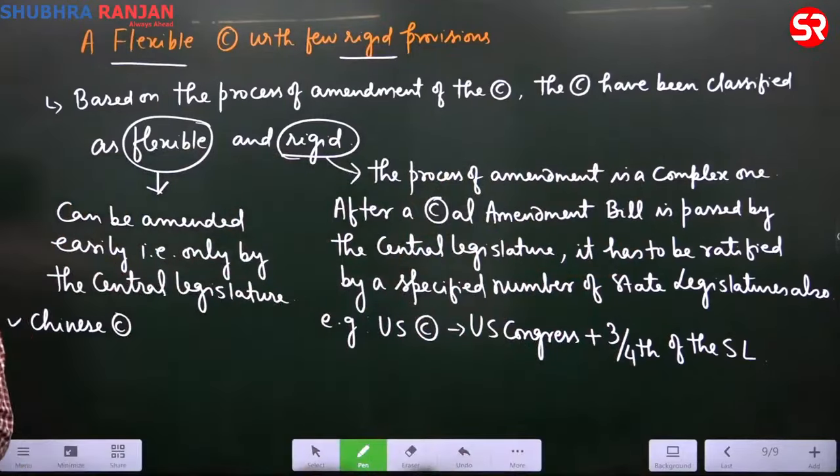How many states are there in America? 50 states. So what will be 3/4 of 50?